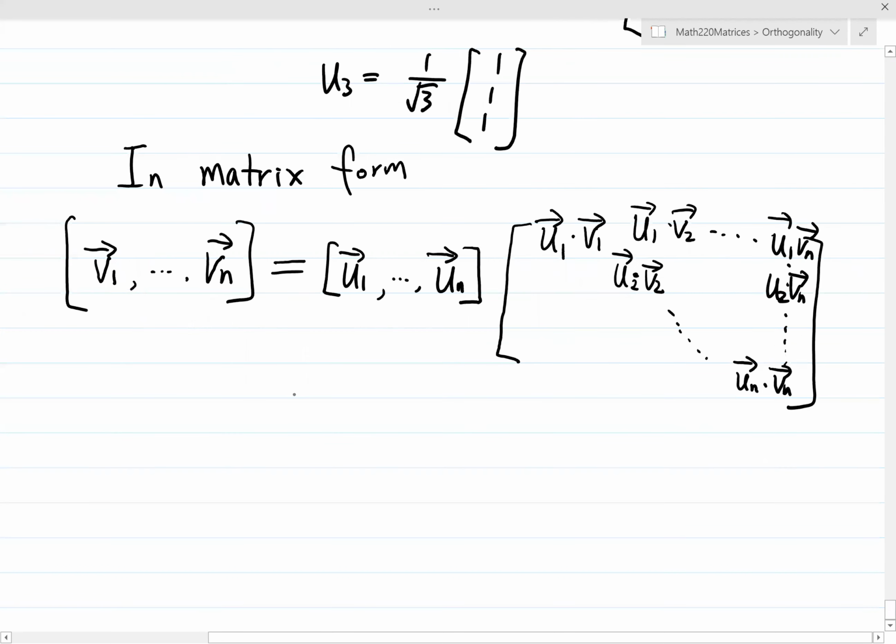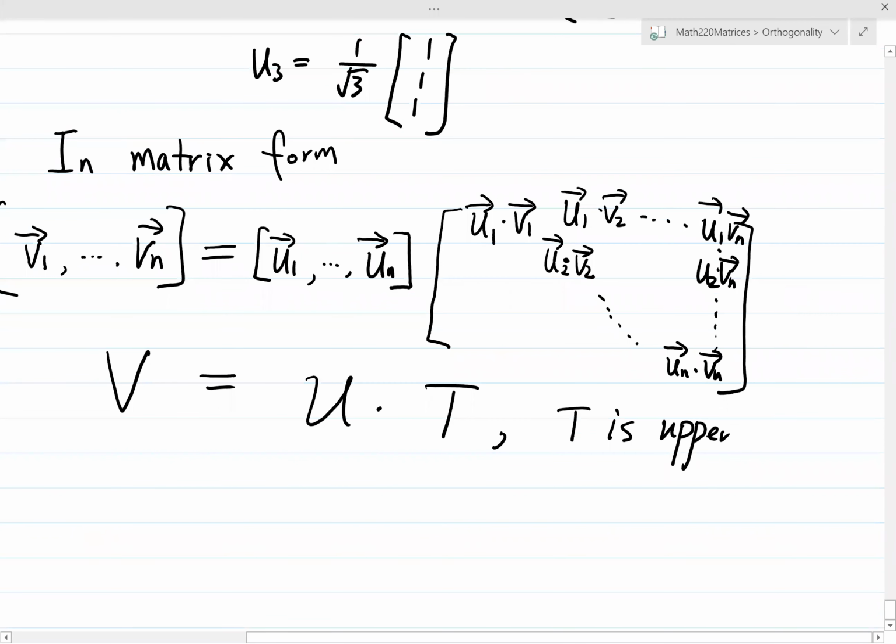So V equals U times T, where T is an upper triangular matrix. Given an invertible matrix, you can write it as a matrix with orthonormal columns times an upper triangular matrix.